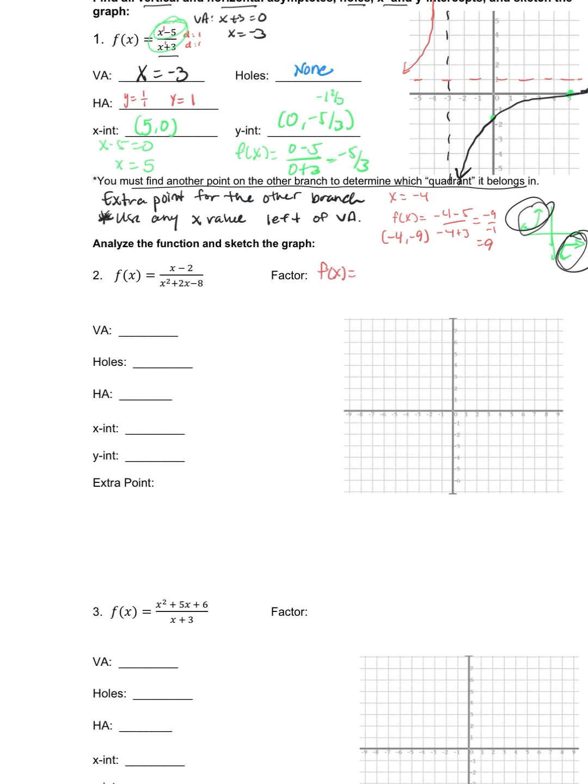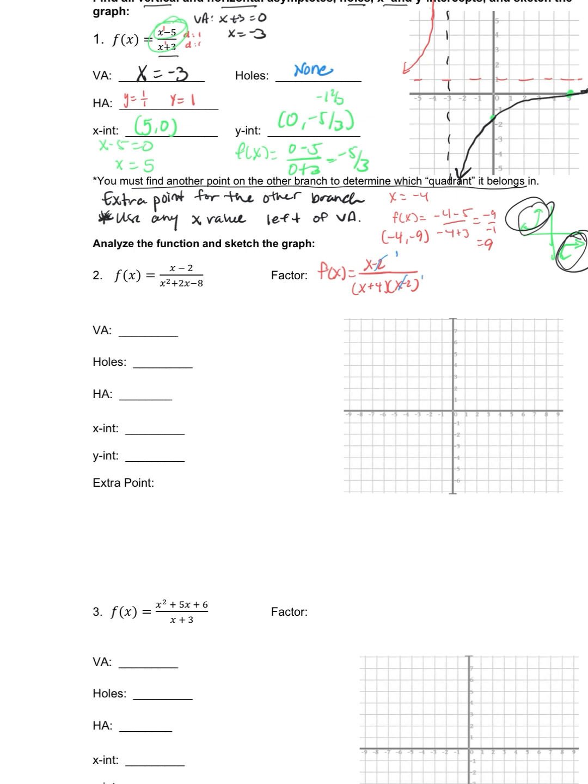f of x equals x minus 2 over x plus 4, x minus 2. Okay, so I factored. Now can I cancel? Yes, I have x minus 2 and x minus 2 the same. So make sure you cancel that. But remember, this is a 1 on top.